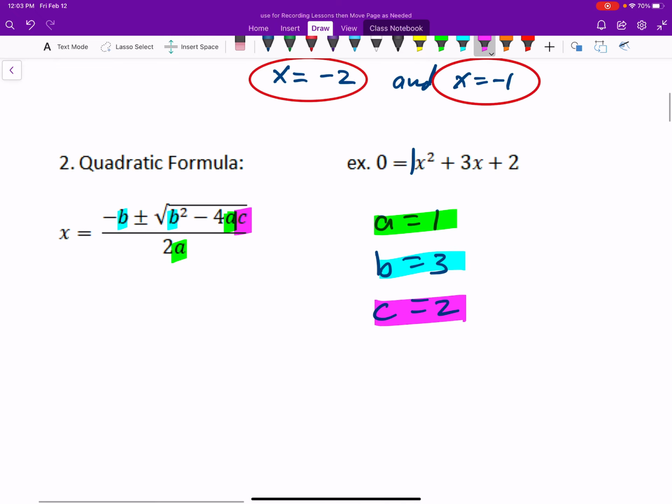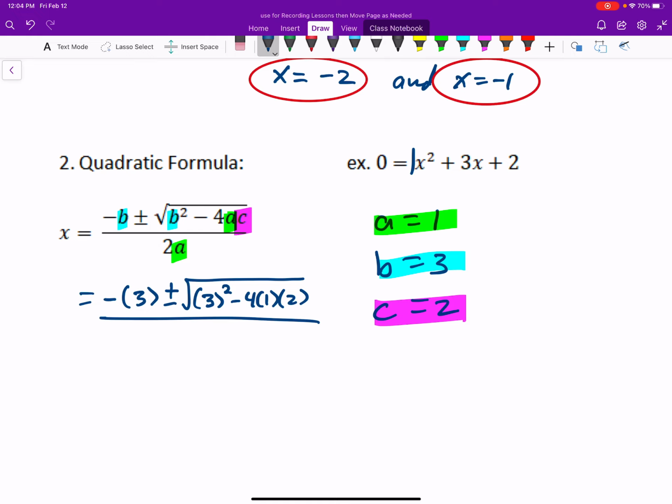And so when I fill these into the actual quadratic formula, I'd have negative b plus or minus the square root of b squared minus 4 times a times c all over 2 times a. And again, I can highlight the different parts for us: a, b, and c, respectively.